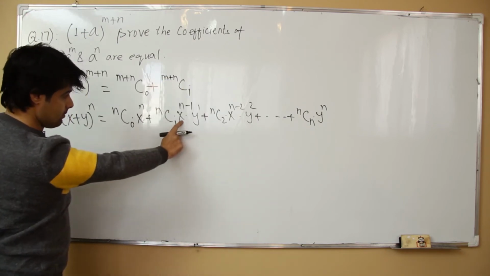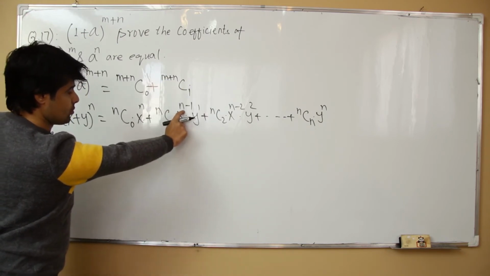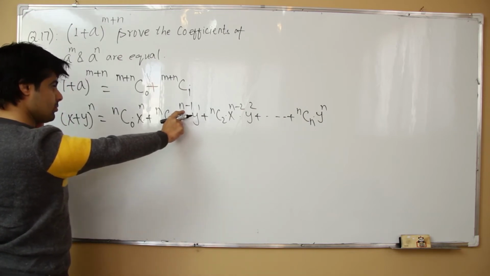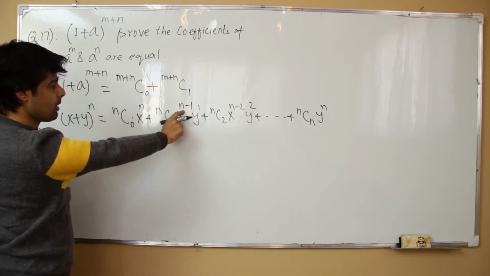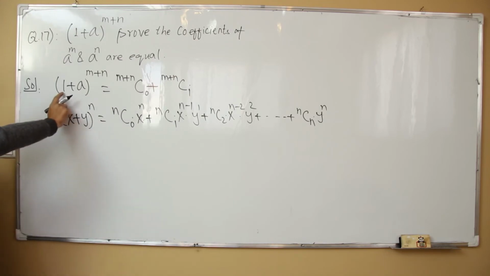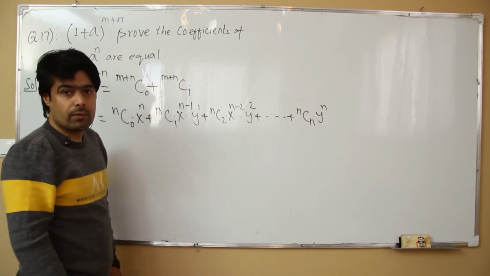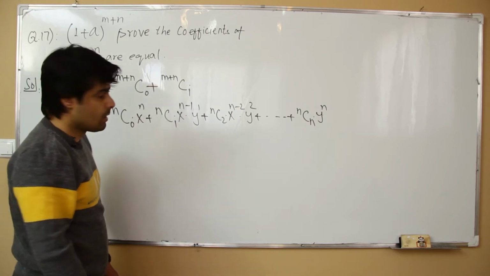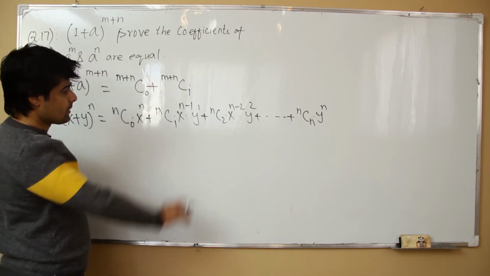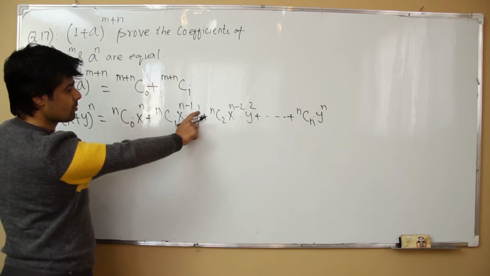The first term should have its power decreased by one, but the first term is 1, so do not write 1; you have to neglect it. Why? Because for simplification, the next term is raised to the power 1.